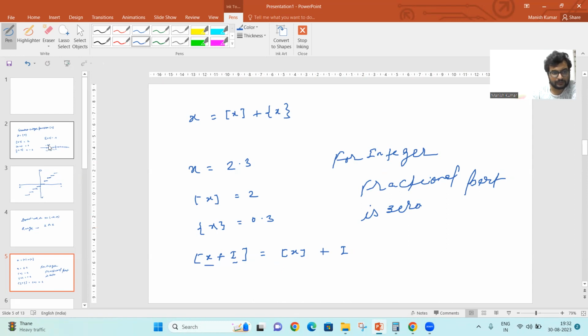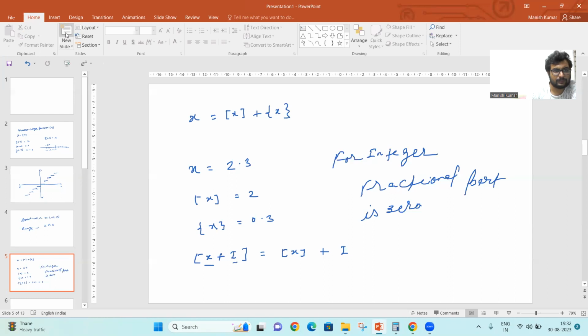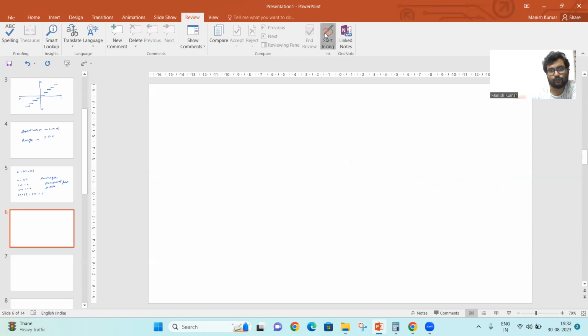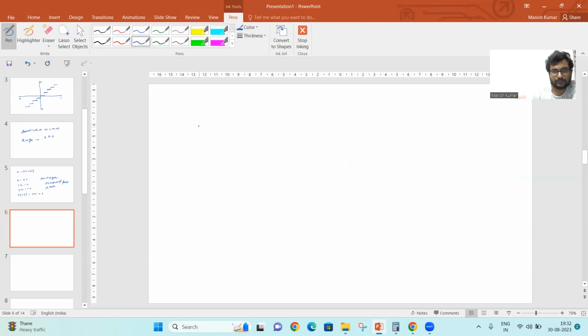See, another result you can see. These are not results, these are practical. You have to know, like, if you are given two values, x and y, x plus y, and you have taken this function, then this value is greater than or equal to this.